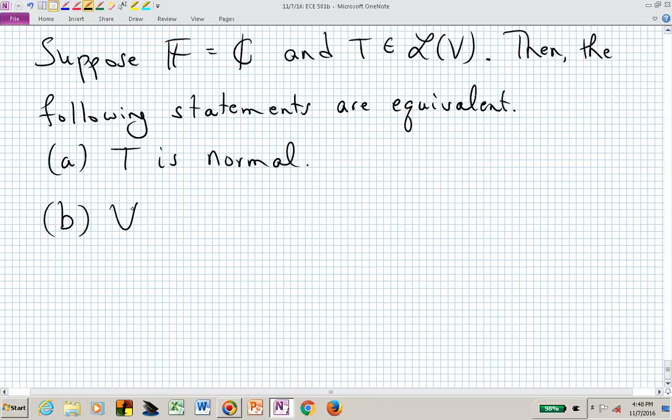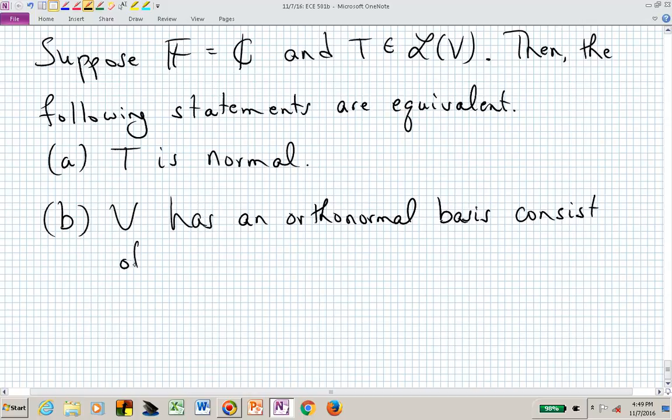The second statement says that our vector space V has an orthonormal basis and those basis vectors actually consist of the eigenvectors of our operator T. If we have an operator and it's normal, then we can create an orthonormal basis on our vector space V out of the eigenvectors of that operator.